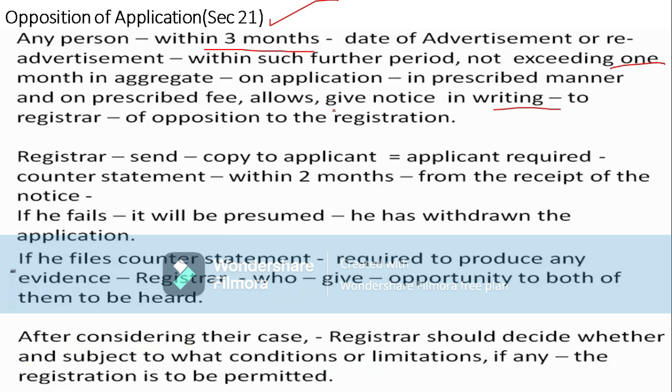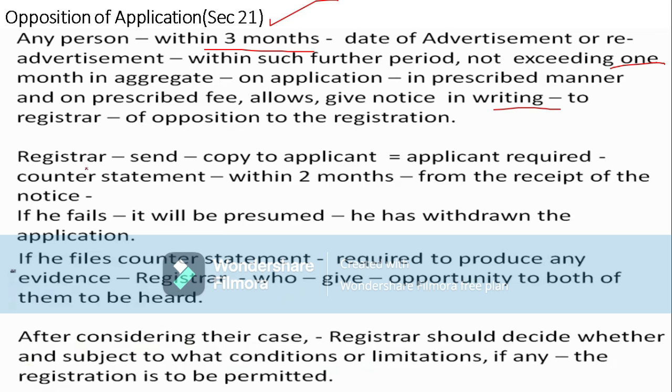So after advertisement, within 3 months, not exceeding 1 month in aggregate, the opposition applicant should pay the prescribed fee and give notice in writing to the registrar of the cause of the opposition in the prescribed manner.